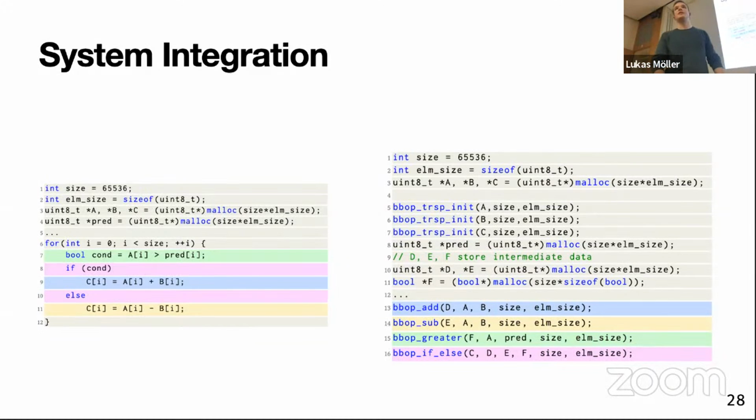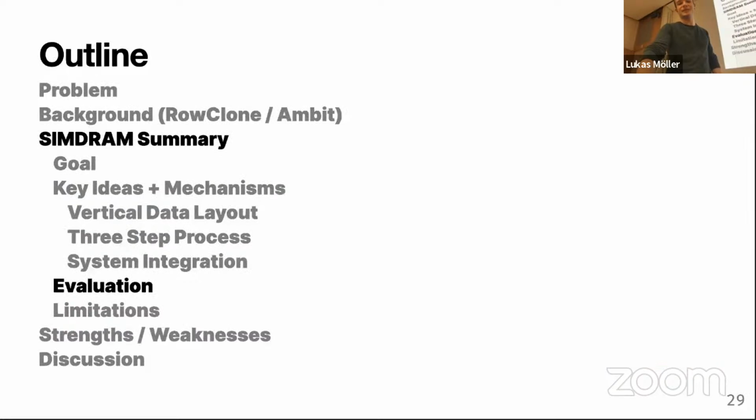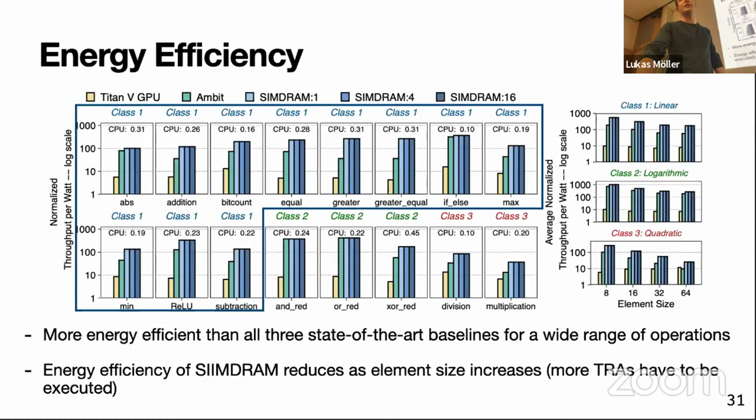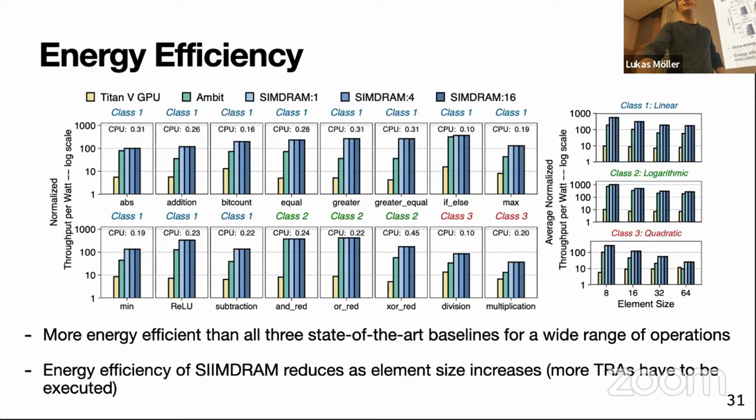Wouldn't this destroy the row buffer locality? Yeah, it does a bit, yes, I guess. But we can get to that in the discussion part. Well, I suppose it would. No, this is not a discussion, but I suppose it would destroy the row buffer locality.